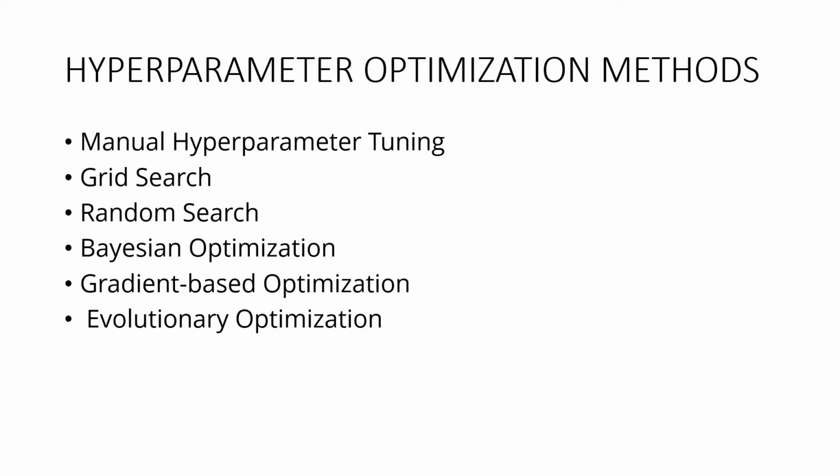Hyperparameter optimization methods. Hyperparameters can have a direct impact on the training of machine learning algorithms. Thus, to achieve maximal performance, it is important to understand how to optimize them. Here are some common strategies for optimizing hyperparameters.